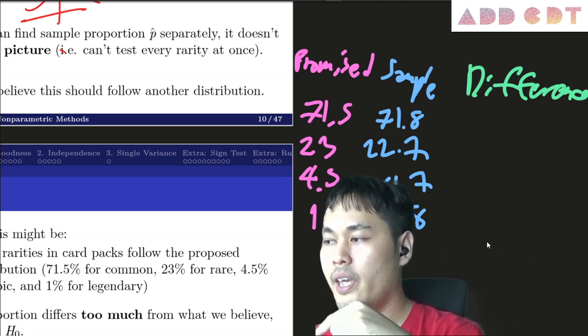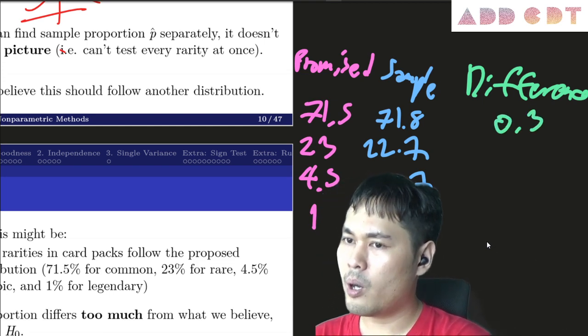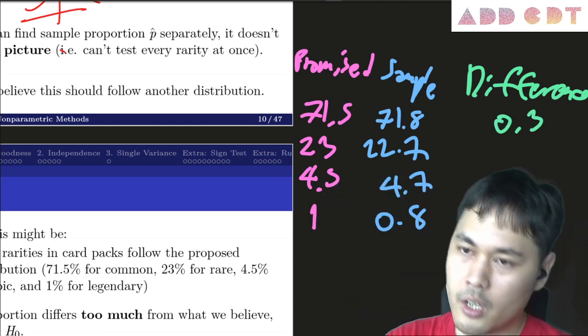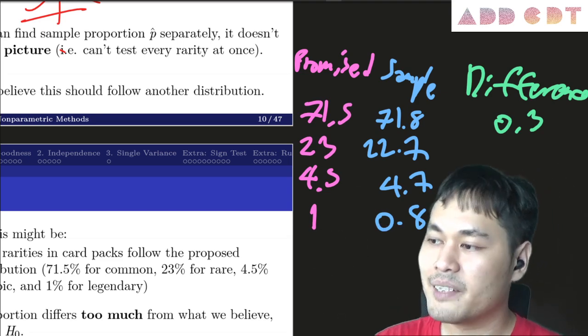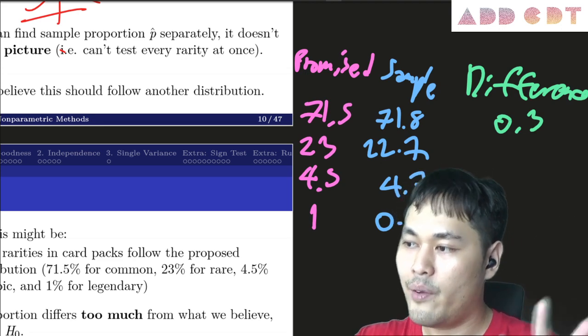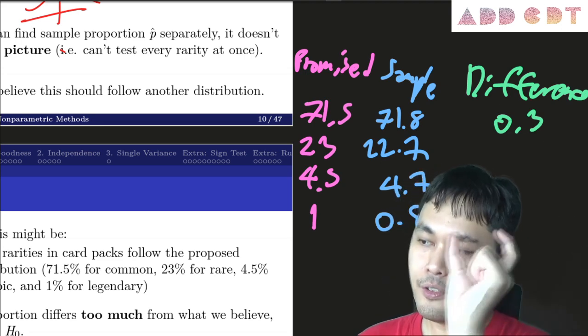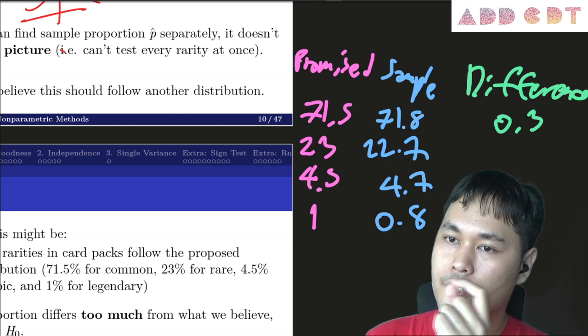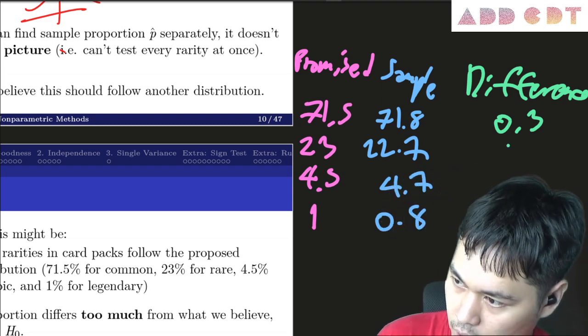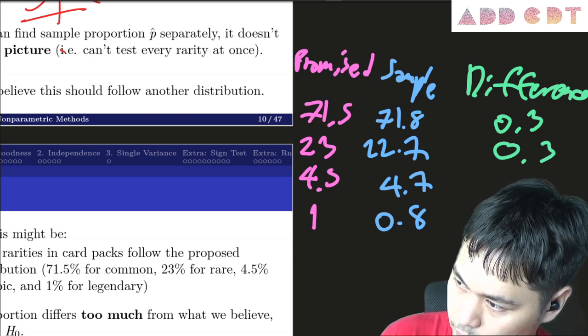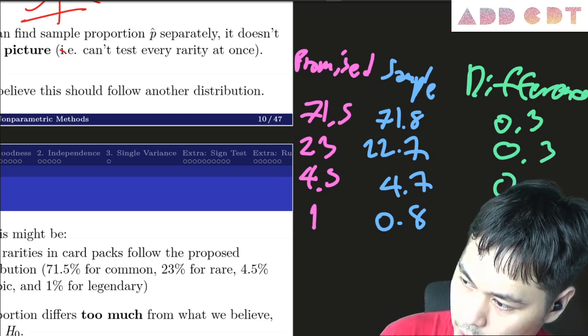71.5 and 71.8. The difference is 0.3. So now I'm talking about the difference without the sign, so you take the absolute value. The difference between these two values is 0.3. The difference between the next two values is again, I think, 0.3. This is 0.2 and this is 0.2.